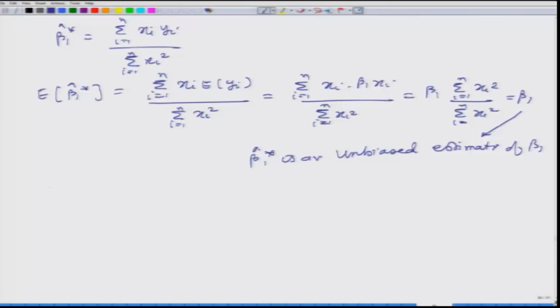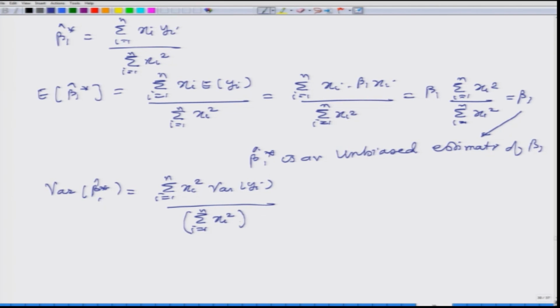Right. Similarly, if I try to find the variance of beta 1 hat star, this is nothing but summation i from 1 to n of xi square times variance of yi, divided by the whole square of summation i from 1 to n of xi square, and the cross product terms become equal to 0 because we have assumed that y1, y2, ..., yn are independent, and we have already established that the variance of yi is sigma square.